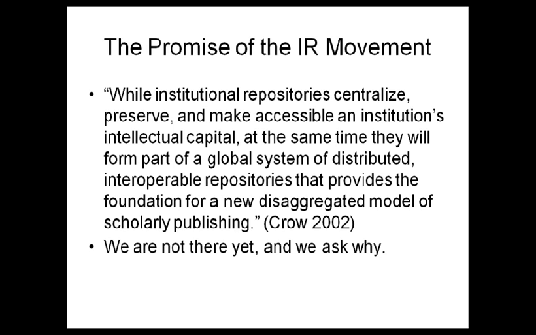It's expressed as a global system: the matters of centralizing, preserving, and accessibility, transforming scholarly publishing. And I think that it's true, and we know that in many ways and in certain facets of the way that we deliver our programs, we're not really there yet. And we ask why, and instead of sitting around bemoaning why isn't this working, we ask why in structured ways, and we do this via assessment, both formal and informal.